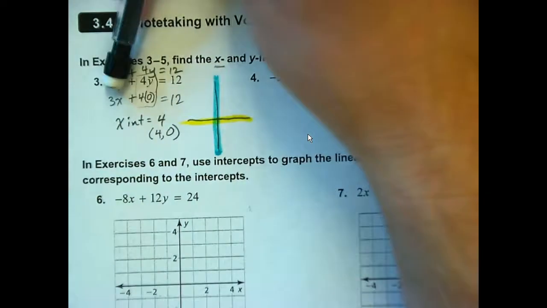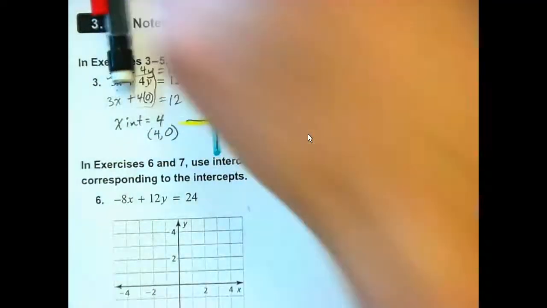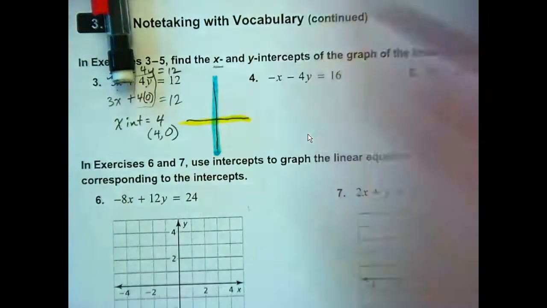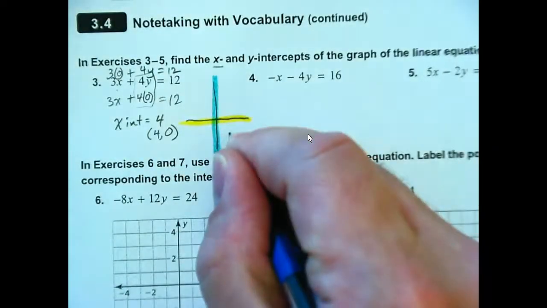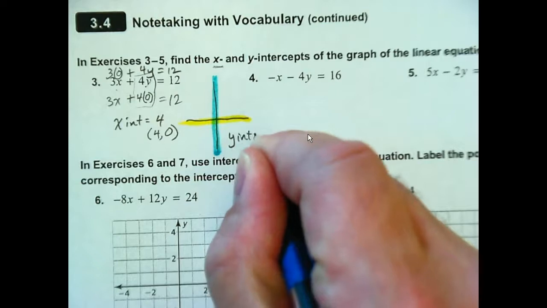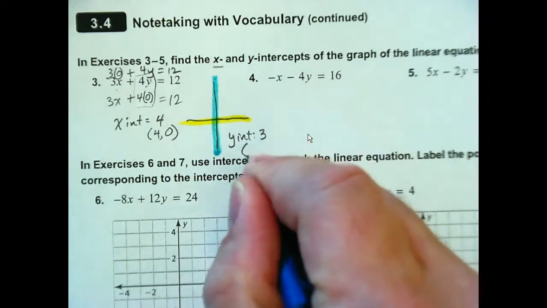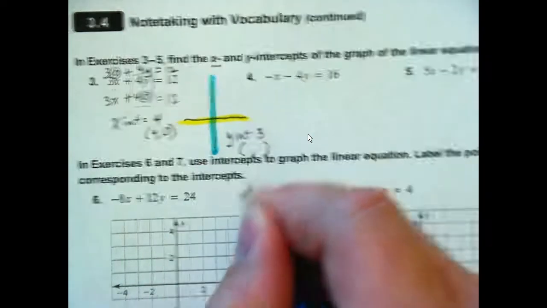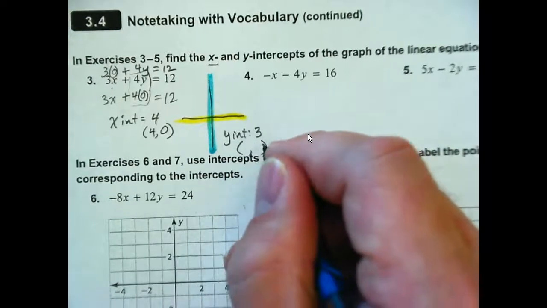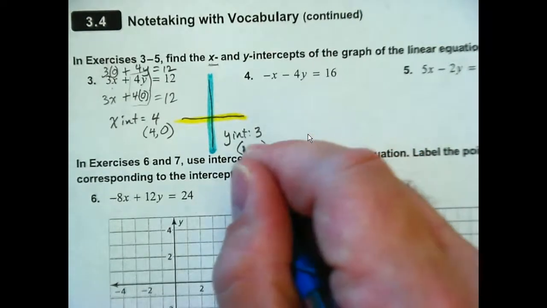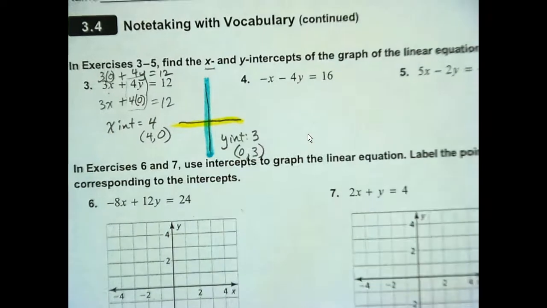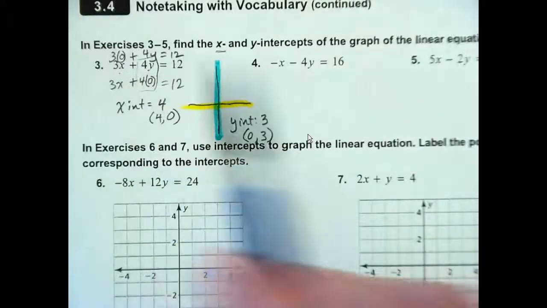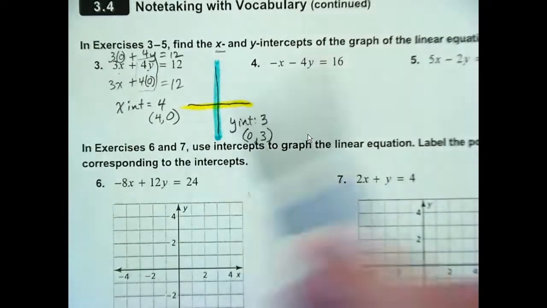So 4 times what is 12? 3. So my y-intercept is 3. What is the coordinate for that? (0, 3). If you're using equations, just plug zeros in. That'll help you find the intercepts.